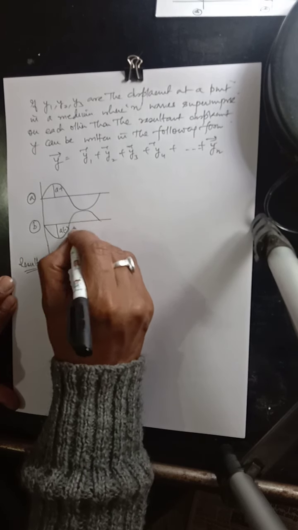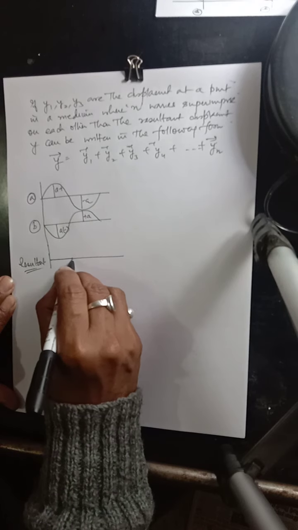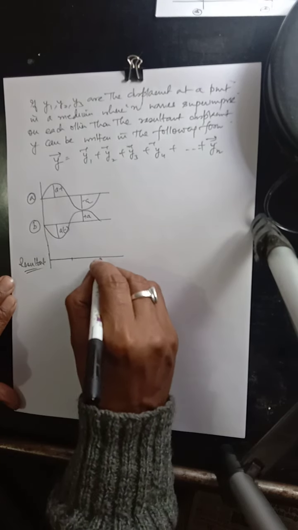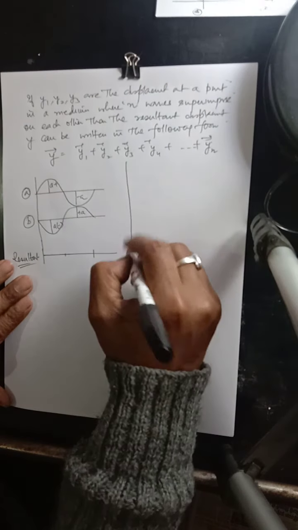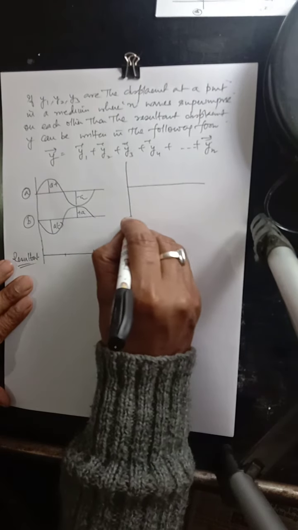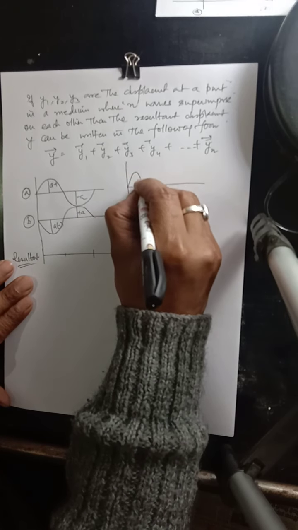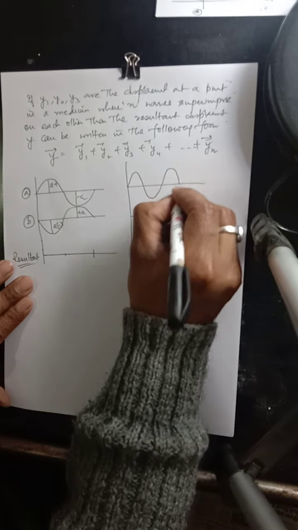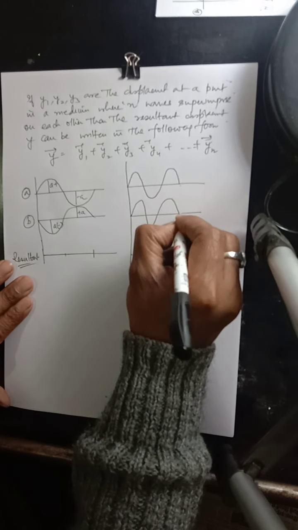In the negative direction, plus A and minus A, again 0. So this will be the resultant. It is a superposition. The second diagram is this.